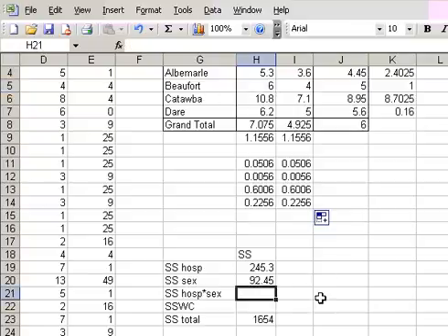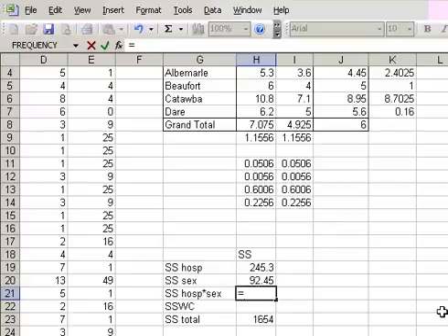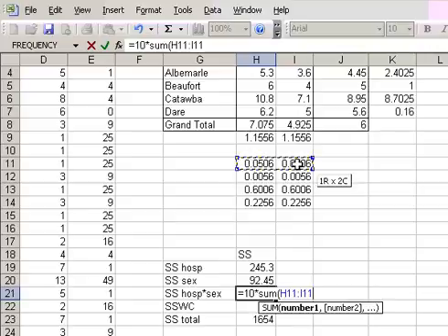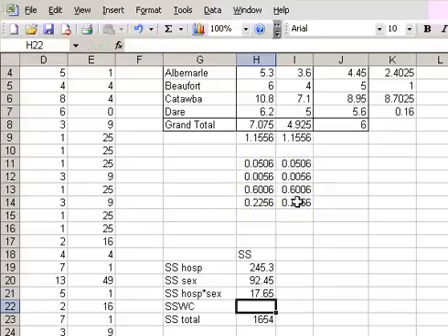So this will be equal to 10 times the sum of all of these values. And we get for hospital by sex 17.65.